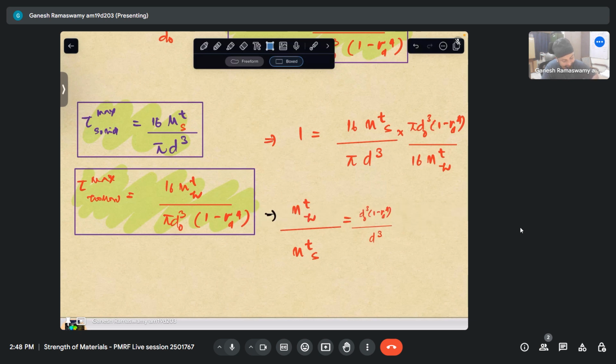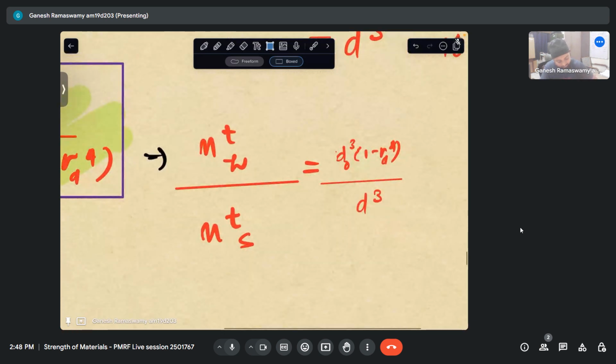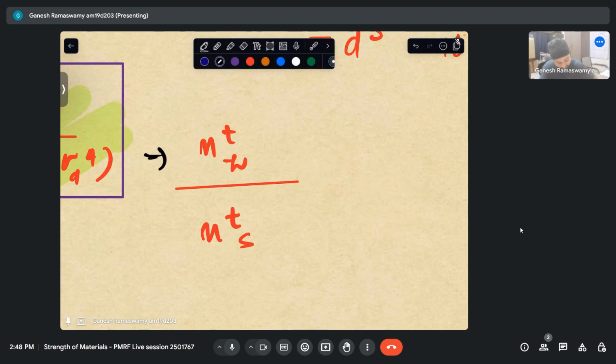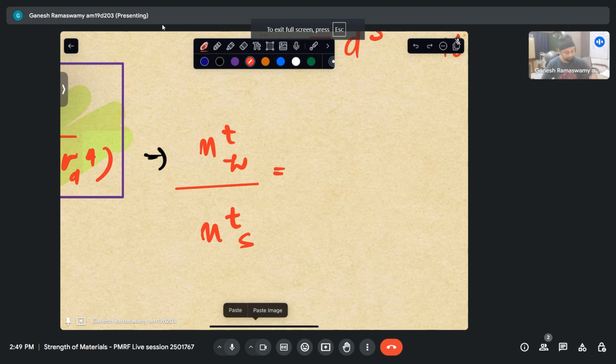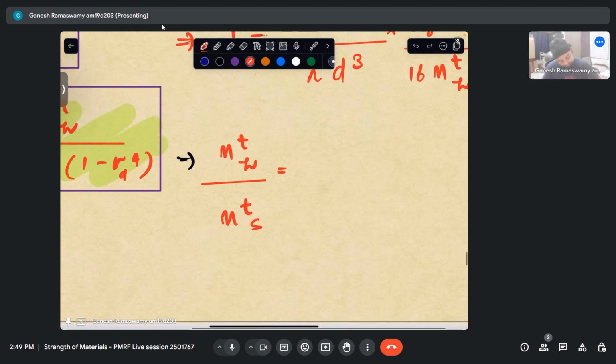So this comes to d outer cubed into 1 minus RD power 4 divided by d cubed.